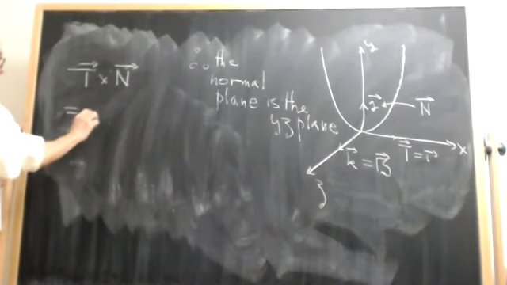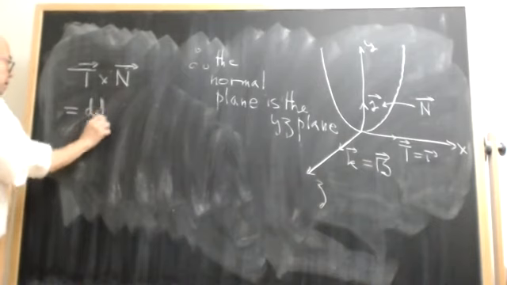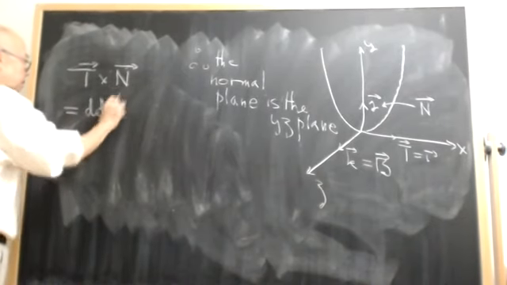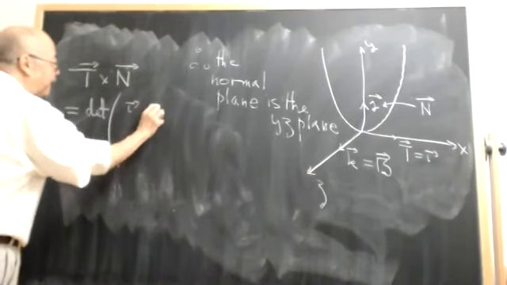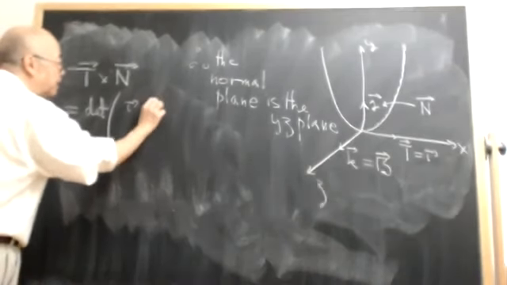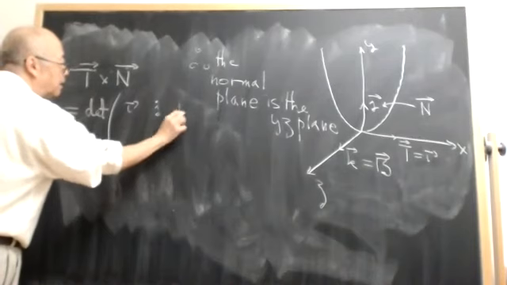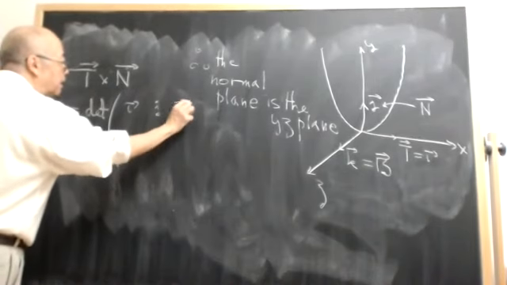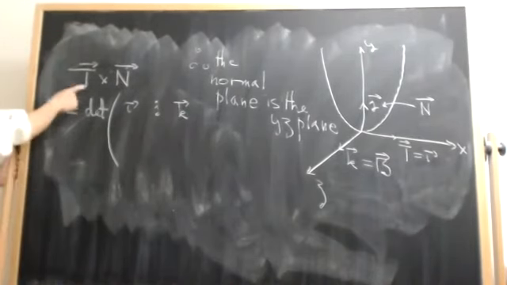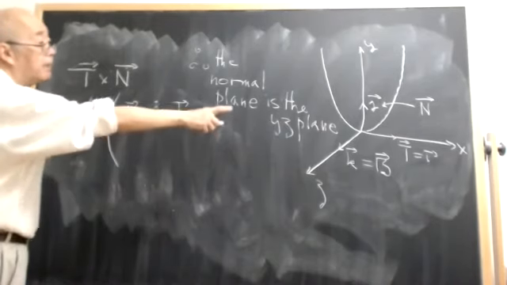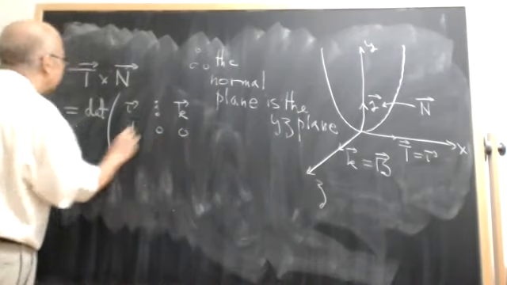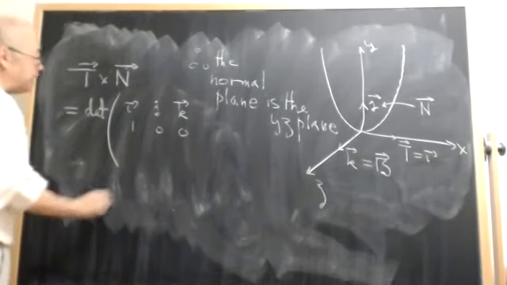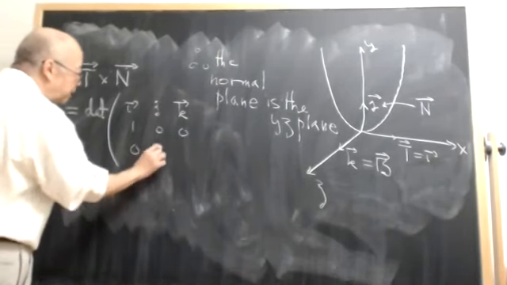So again, we have i, j, k. And T is 1, 0, 0. And N is 0, 1, 0.